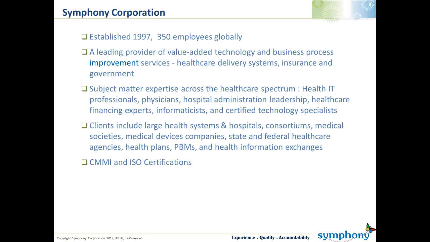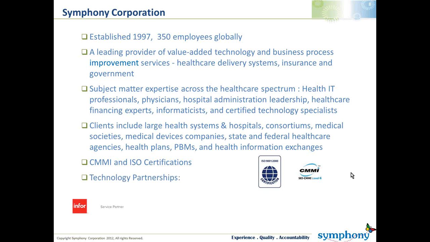The net of it is there are skills that we bring to the healthcare industry that are both broad in terms of how wide we cover, beyond just an ERP space or just a clinical space. And it's also very deep in selected areas. A couple things we do have are the certifications from CMMI, which I believe is the Center for Medicaid and Medicare Innovation, and I'm sure the level 4 part of that is meaningful. We also have an ISO certification, which is kind of nice. In terms of technology partnerships, we are a service partner to Infor.